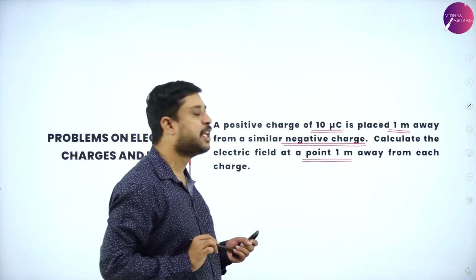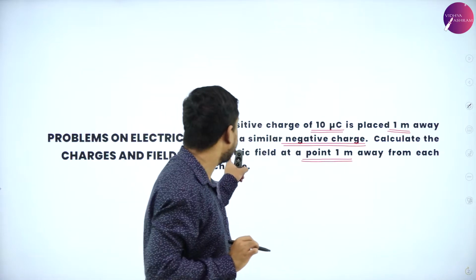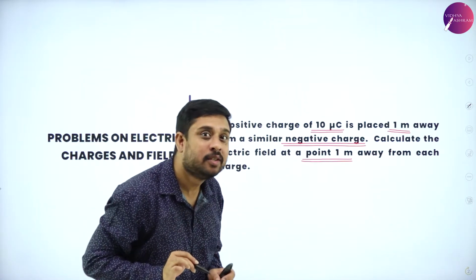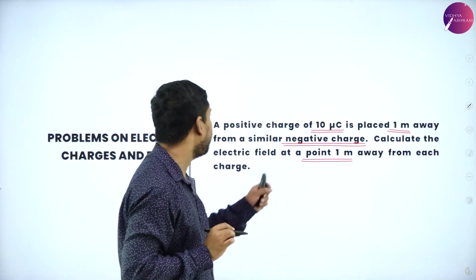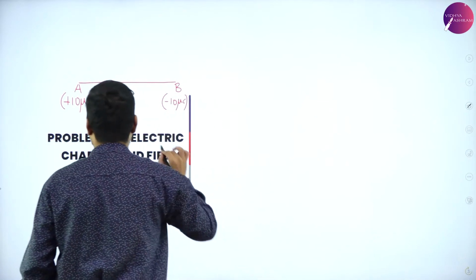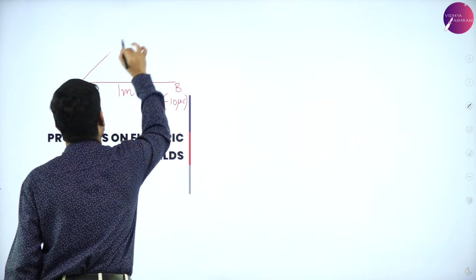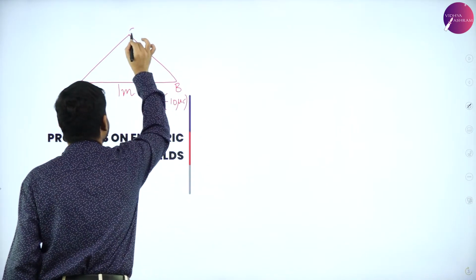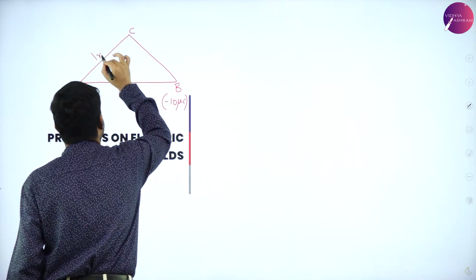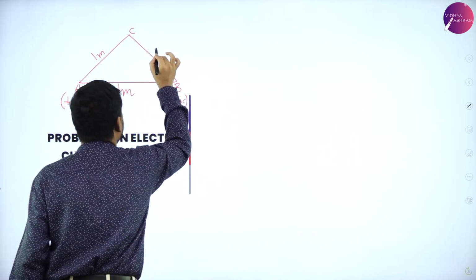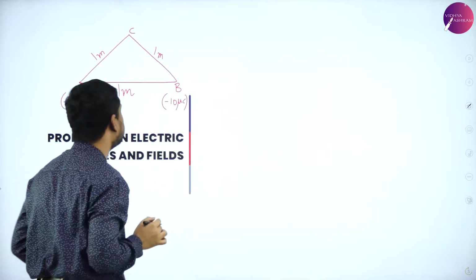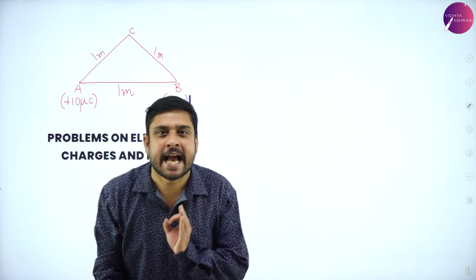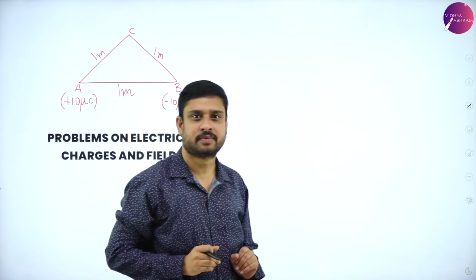I have to calculate the electric field at a point 1 meter away from each charge. So at a point C, which is 1 meter away from each charge, I am calculating the electric field.